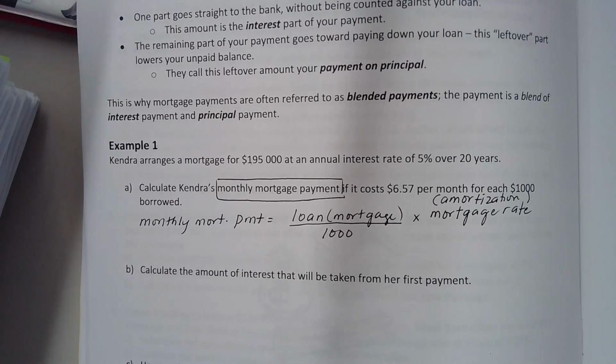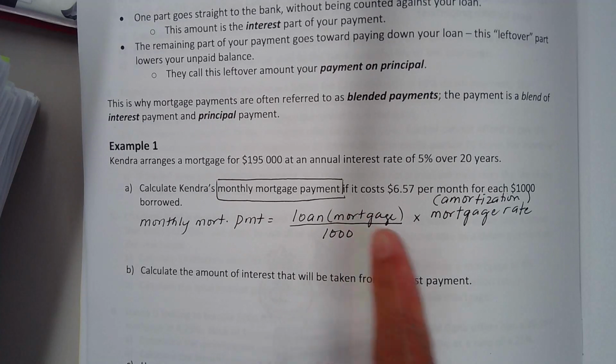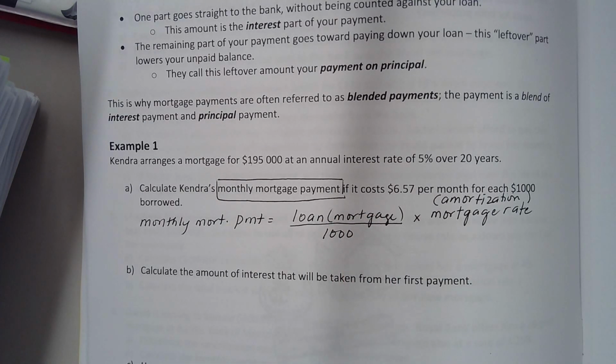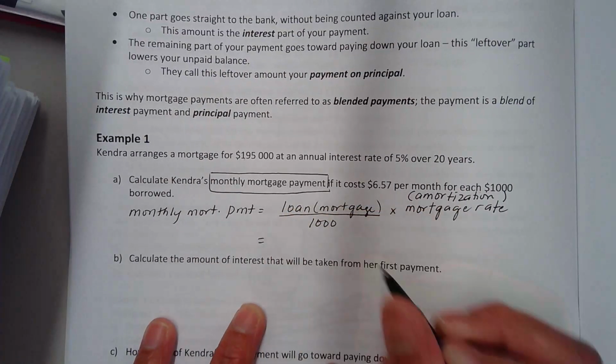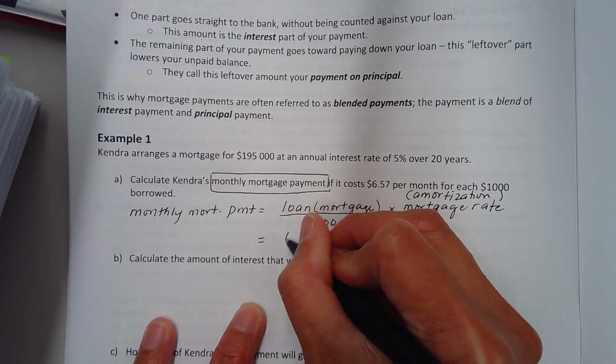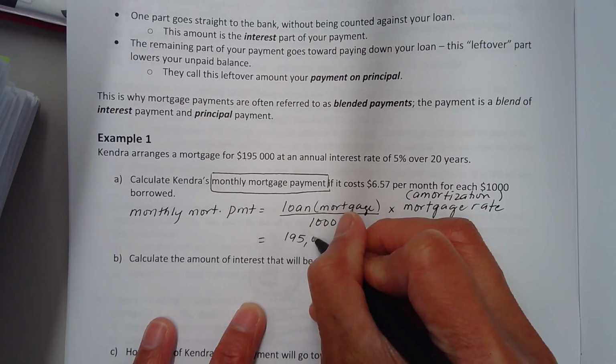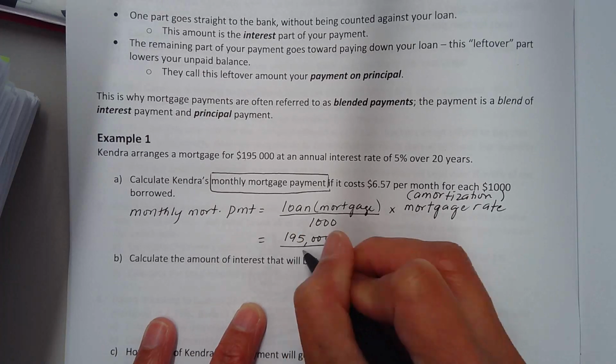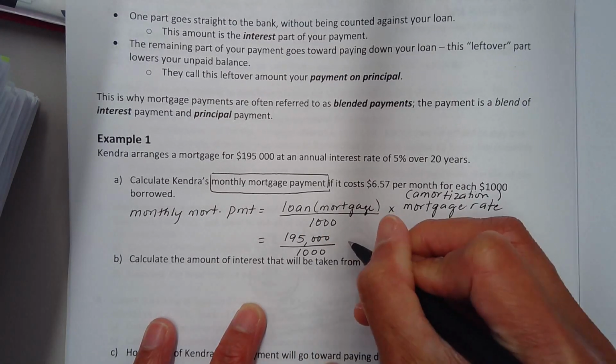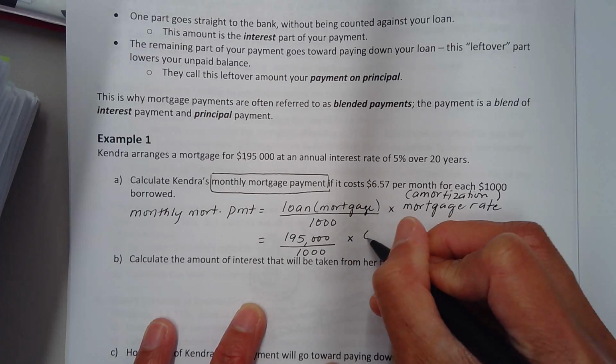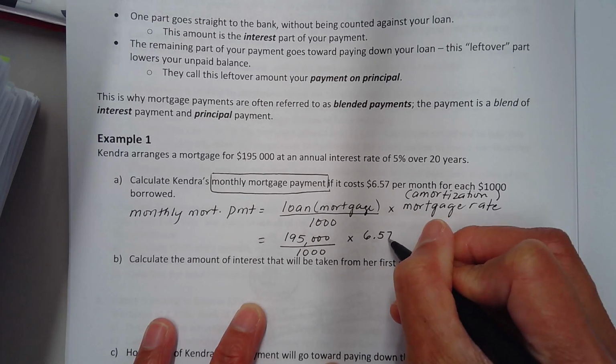So for a mortgage payment calculation, we take the total amount that we have to borrow, divide that by 1,000, times the amortization rate. So our loan is 195,000 divided by 1,000 times an amortization rate of 6.57.